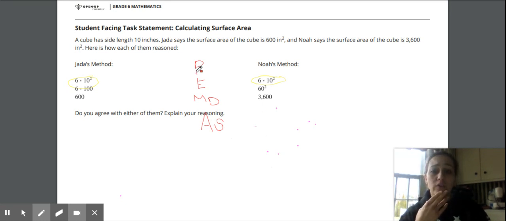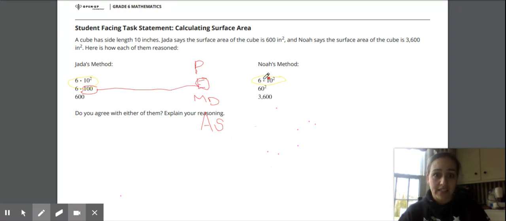So knowing that the order of operations starts with parentheses, well, there's no parentheses here, but exponents comes next, we actually need to figure out the exponent as our second, or really our first step in this problem. So Jada is the one who does this correctly.